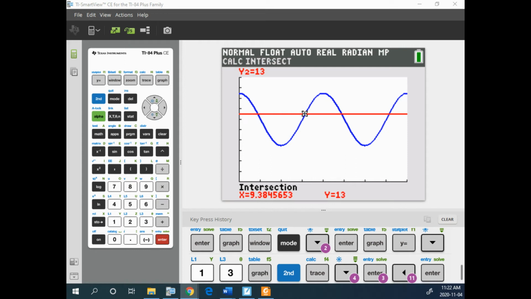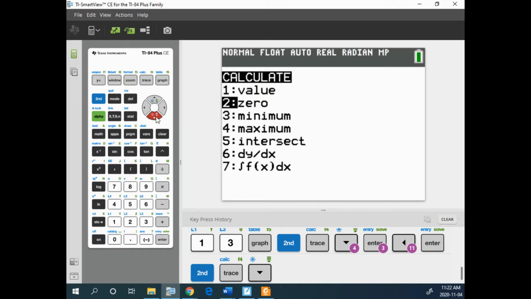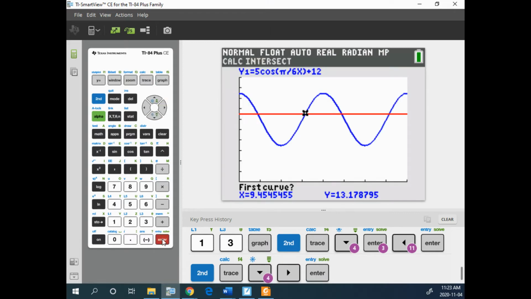8 hours, so somewhere around 9:20. And when does he have to leave by? I'm just going to move my cursor over here. He has to leave by 14.